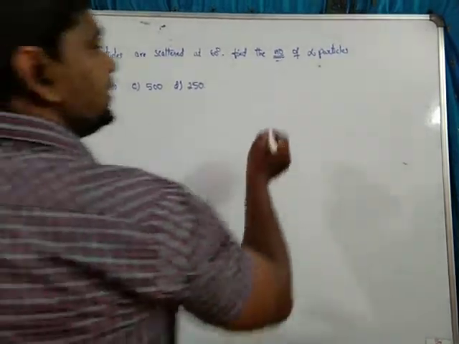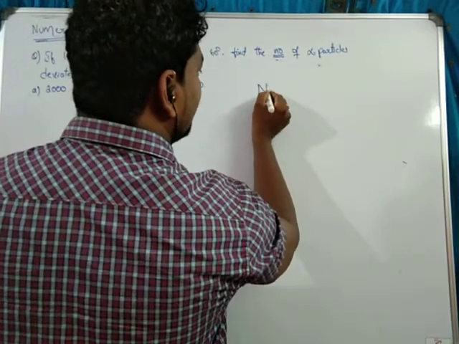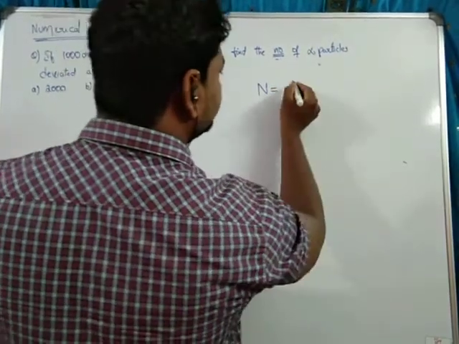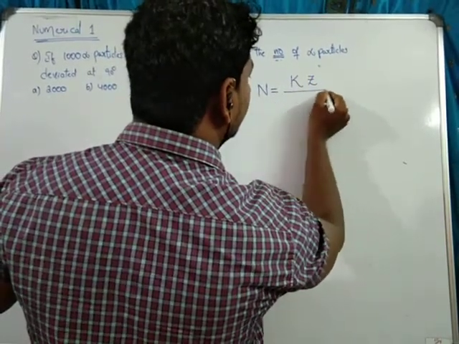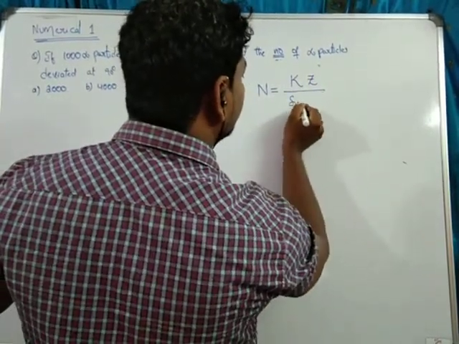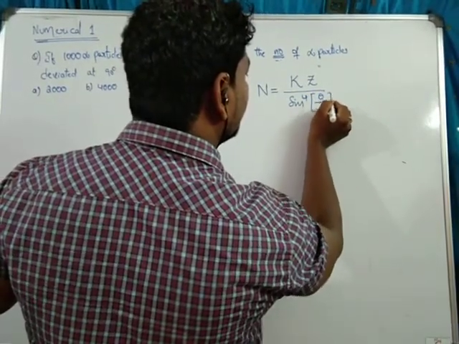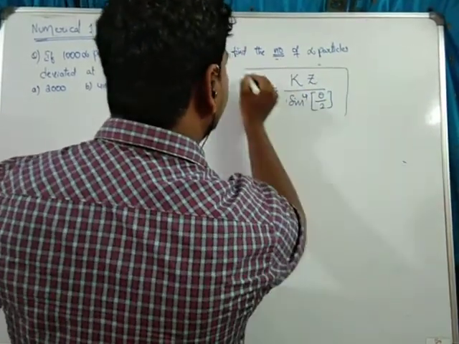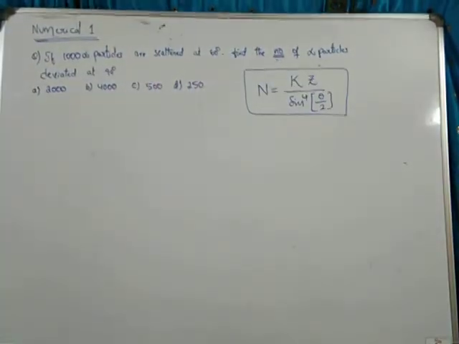And we have a formula for calculating the number of alpha particles: N is equal to k Z square divided by sine power of 4 theta by 2. Sorry, it will be Z square. Try this question: calculate the number of alpha particles deviated at 90 degrees.